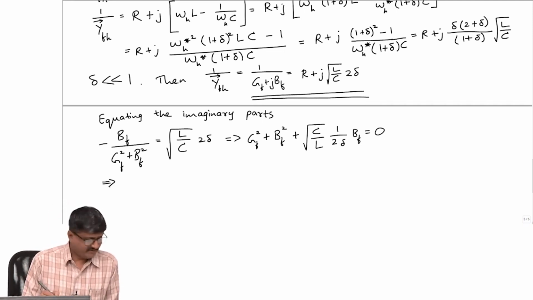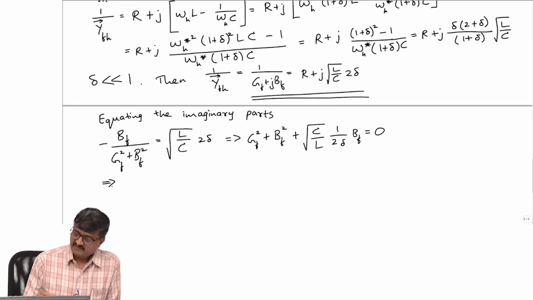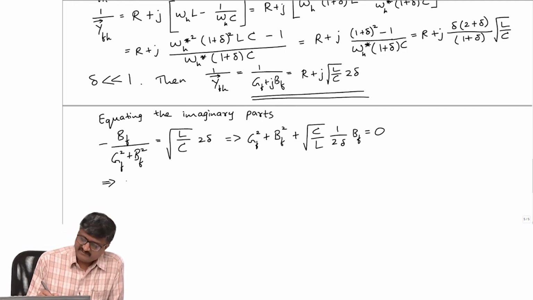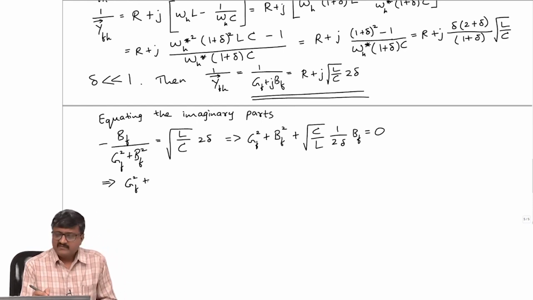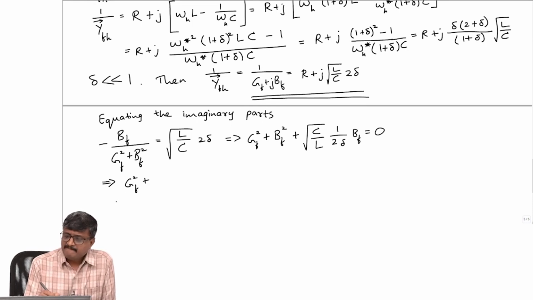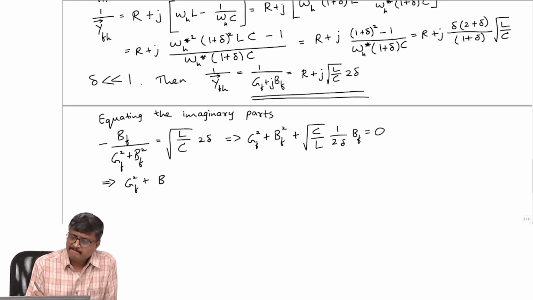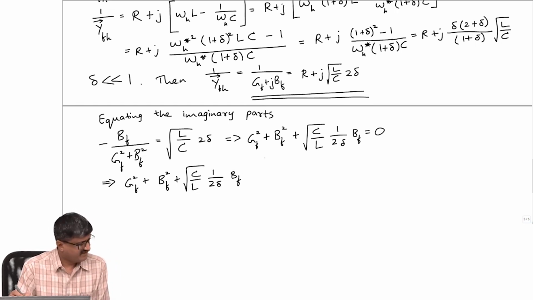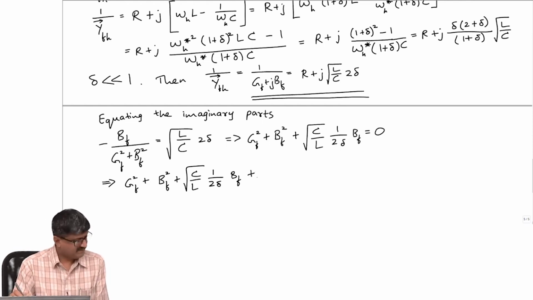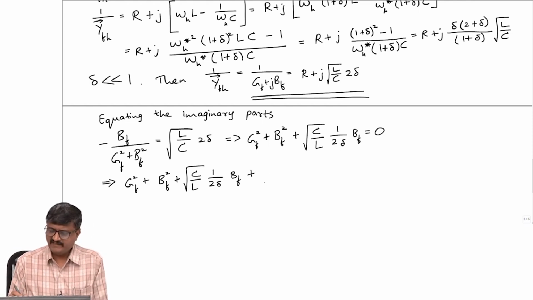Now, I will do a few more manipulations. I will write this as GF squared plus BF square plus root C by L 1 by 2 delta BF plus, so I will add a term on both sides.